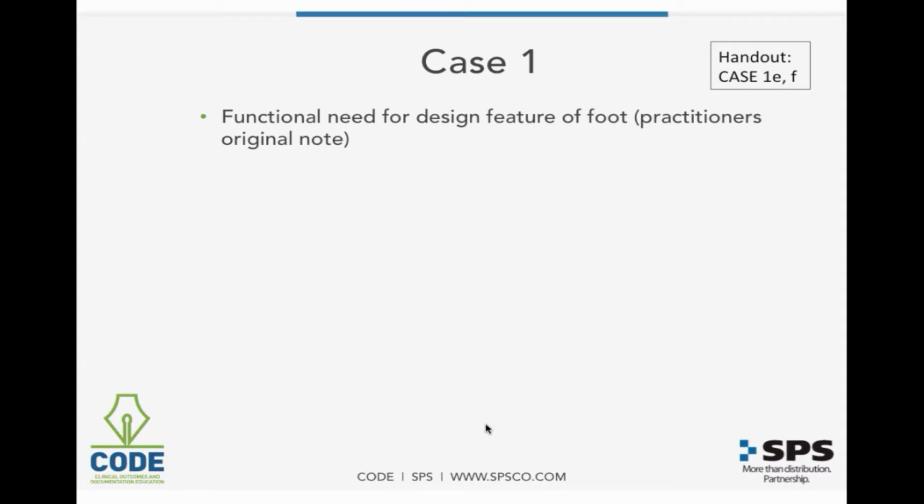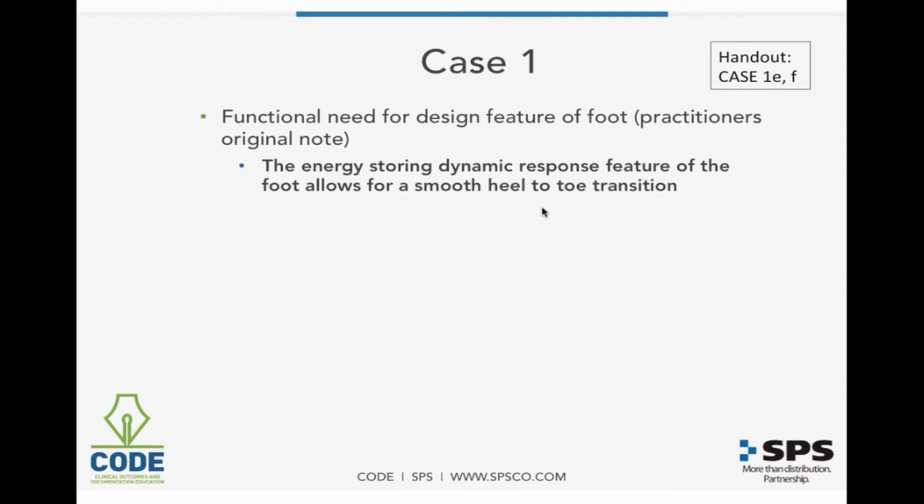Okay, so on this case one, the practitioner had put justifications for every code, and they were long justifications with a lot of detail, so that could be good or bad. In this case, this was a lot of detail, but it wasn't necessarily detail that was helpful. So let's look at the actual justification from this practitioner for the foot that this Mr. M got.